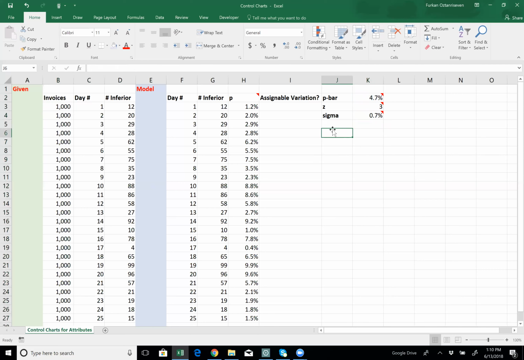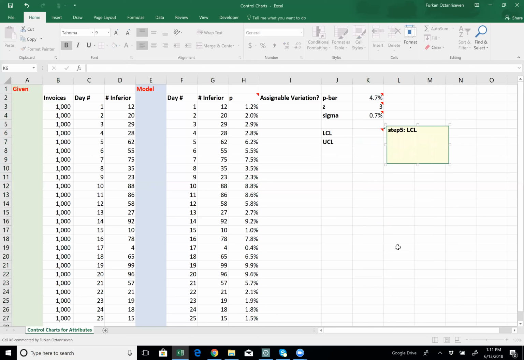Now I can calculate my lower control limit and upper control limit. Lower and upper control limits can be calculated by this formula. Let me just insert a comment here for you. So this is step number 5.